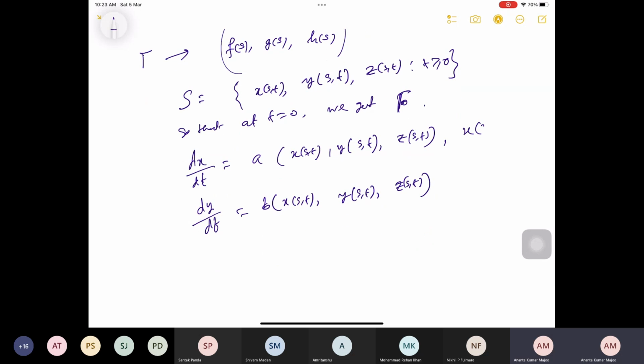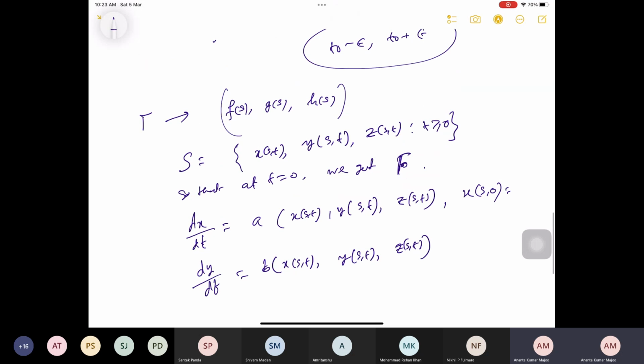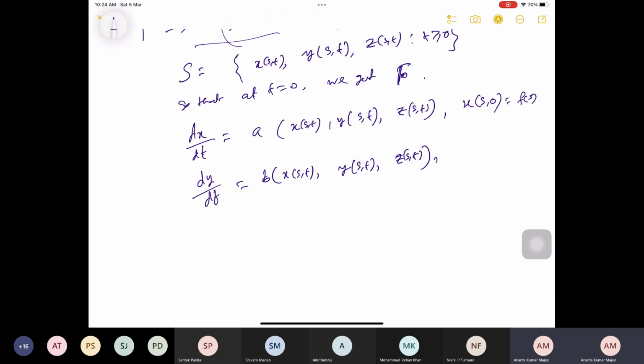So now X of S, 0 should, as I said, coincide with my initial parameterization at T equal to 0. So the initial parameterization is basically F of S. In this case, for Y it should be G of S, and then dz/dt should be your C of X, Y, Z of S, T, and then Z of S, 0 should be your H of S. Is it not?